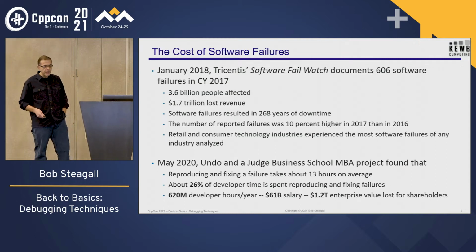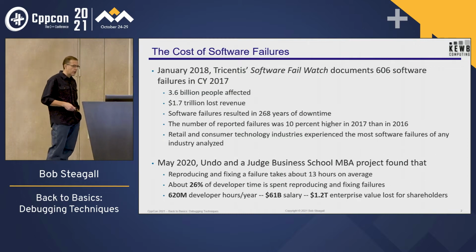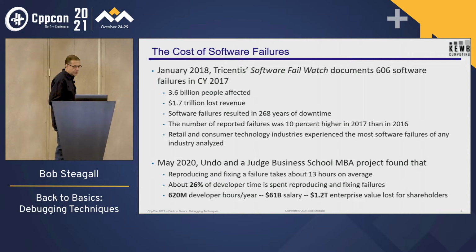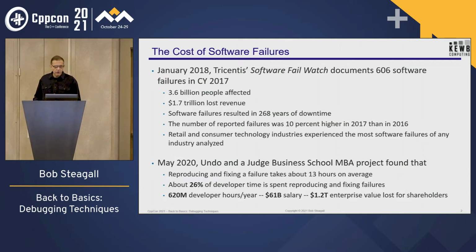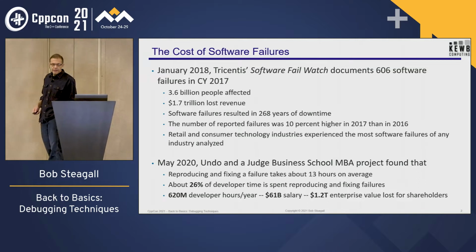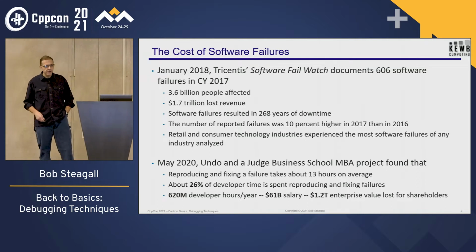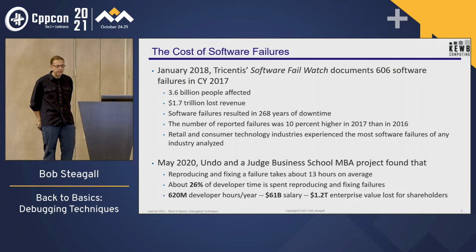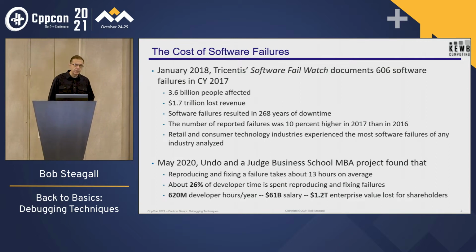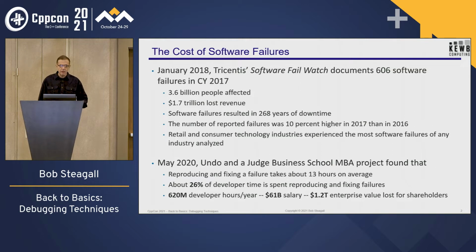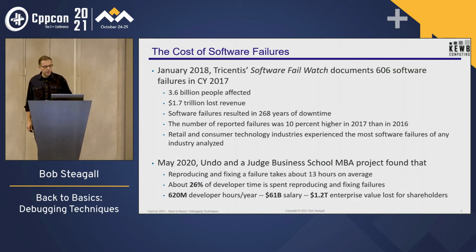In May 2020, 3 years later, Undo Software and Judge Business School at Cambridge in an MBA project published some work which indicated that reproducing and fixing a failure takes about 13 hours on average. And more than a quarter of the time on average that developers spend doing work is spent reproducing and fixing bugs.